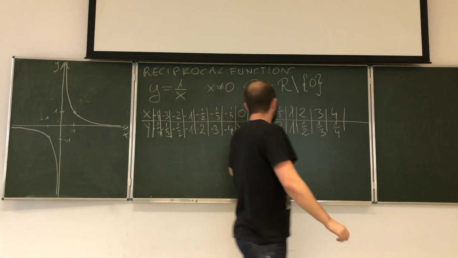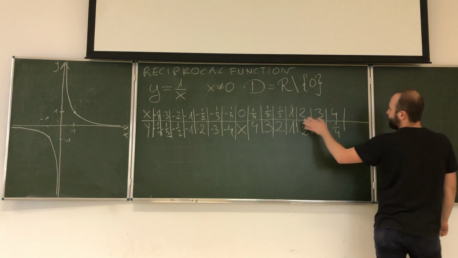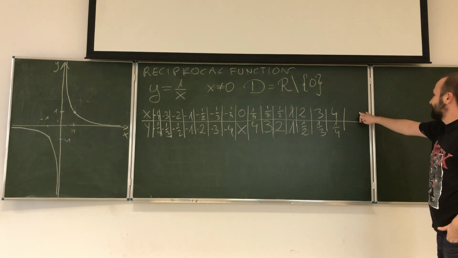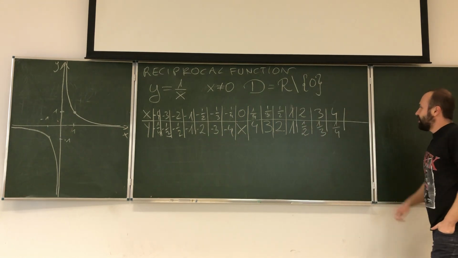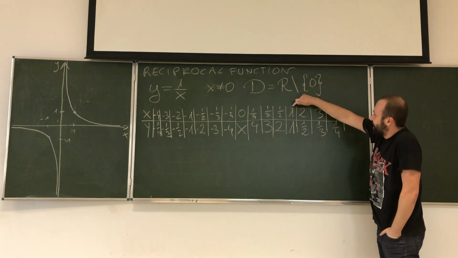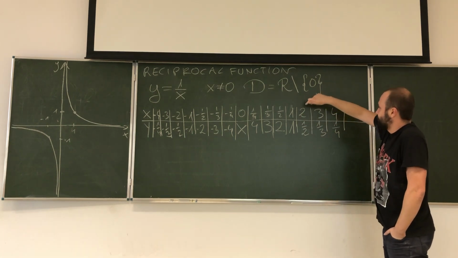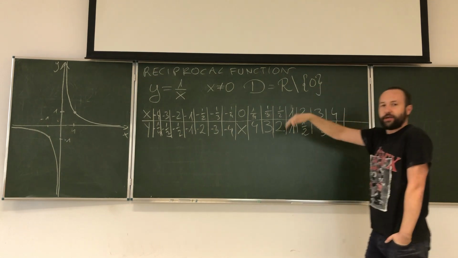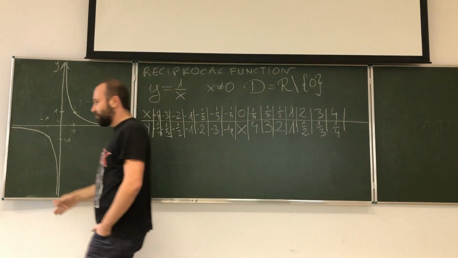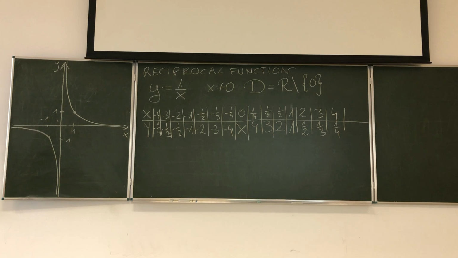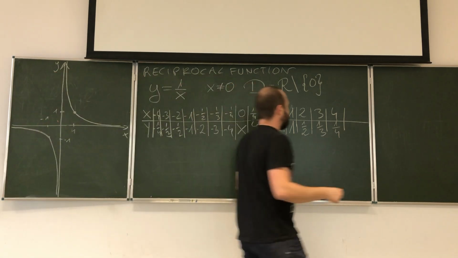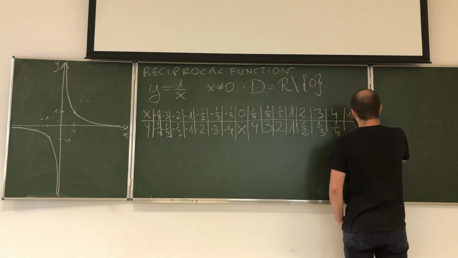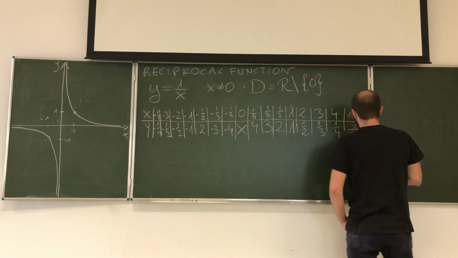Look, let's start with what is happening if the numbers here are increasing. If I increase the number from 1 to 2 to 3 to 4, we are dividing 1 by a bigger and bigger number. As a result, we are obtaining a smaller and smaller number. If I had here 1,000, I would have here 1 over 1,000.